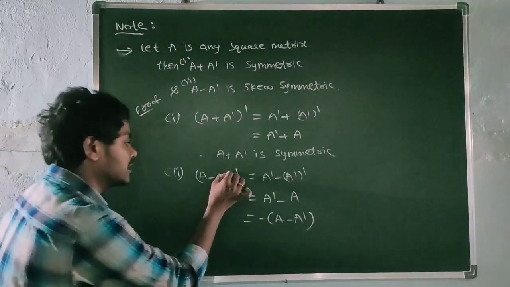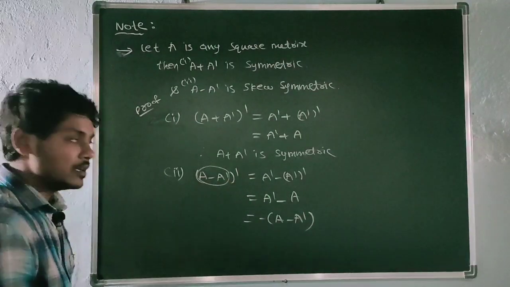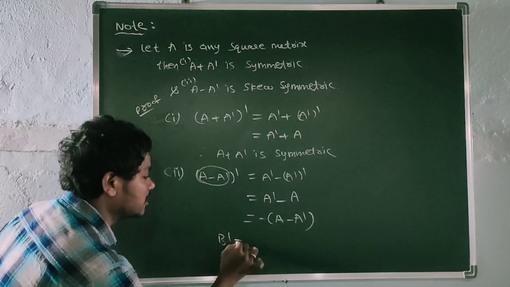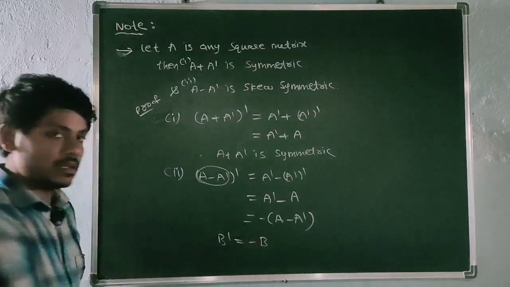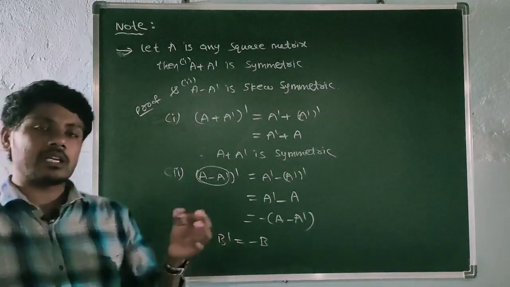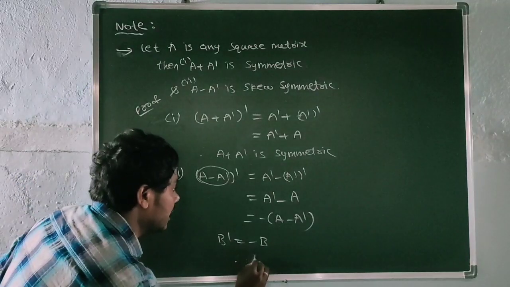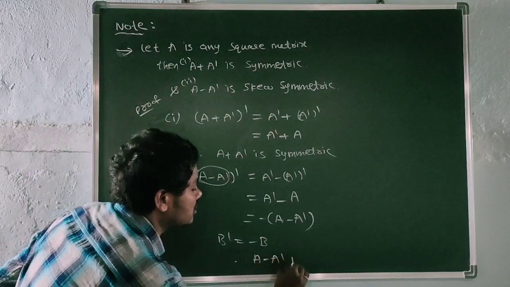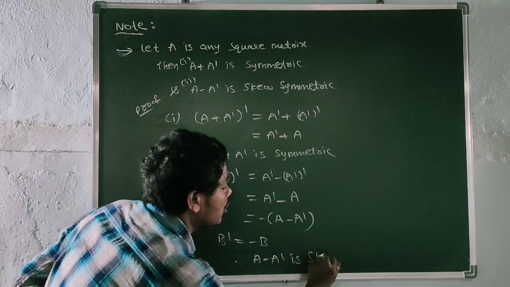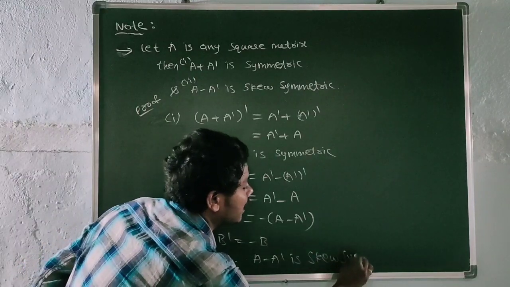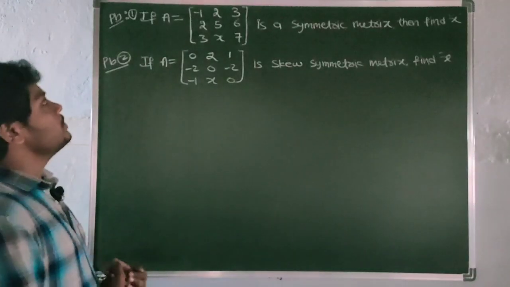So for example, this is B. So what you get? B transpose is equal to minus B. So in this case, B is skew symmetric. So A minus A transpose is skew symmetric. So see the next problem.